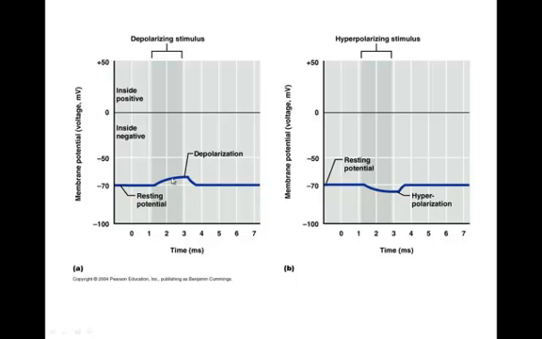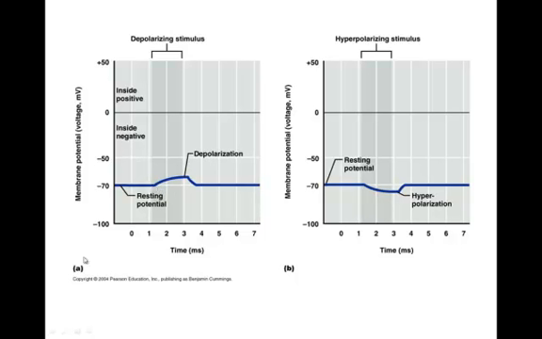Depolarization is when the membrane becomes less negative, or more positive, so it goes up like this. A hyperpolarization looks like this: we're becoming more negative, so we're going down. A hyperpolarizing stimulus would be a neurotransmitter that makes it go down like this. A depolarizing stimulus would be a neurotransmitter that makes it go up.